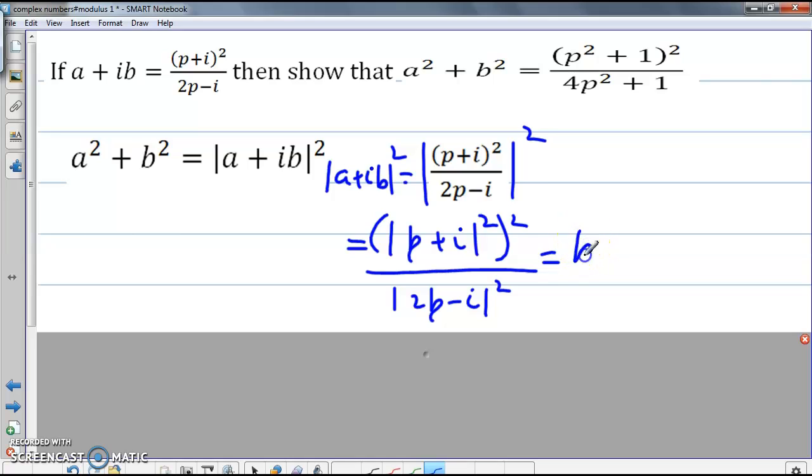It is p square plus 1 square whole square upon 2p minus iota square. Modulus of 2p square is 4p square plus minus 1 square is again 1. So we get the right hand side.